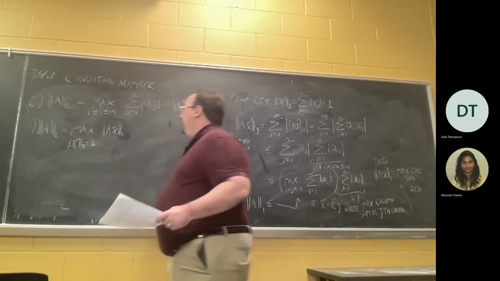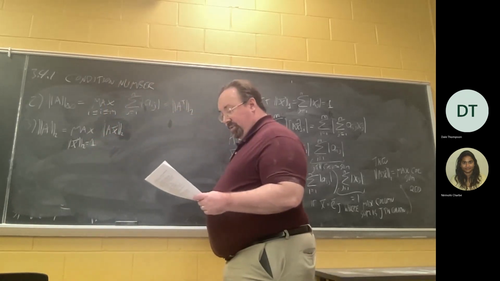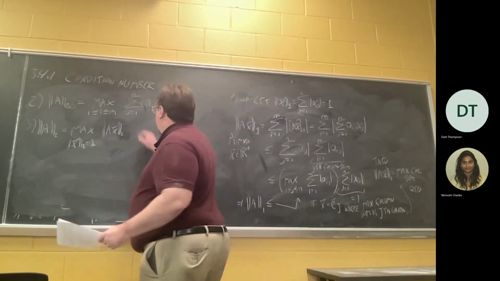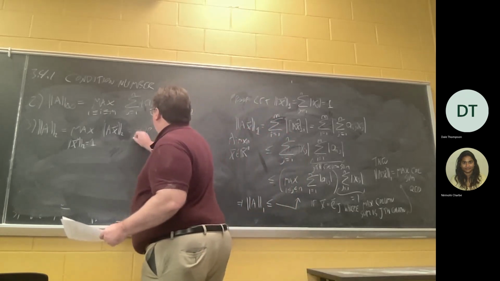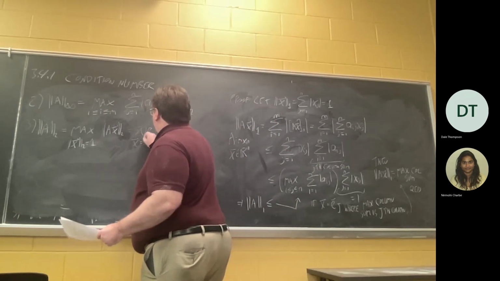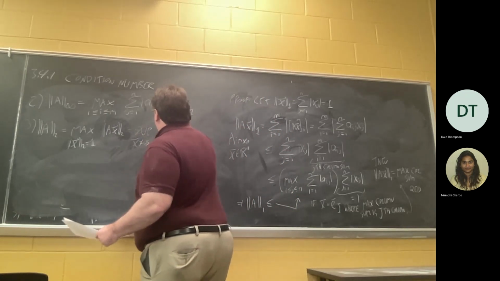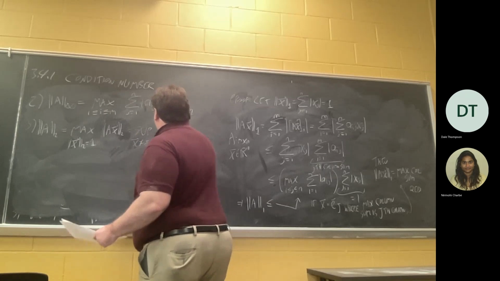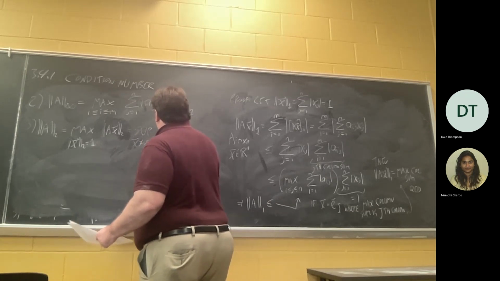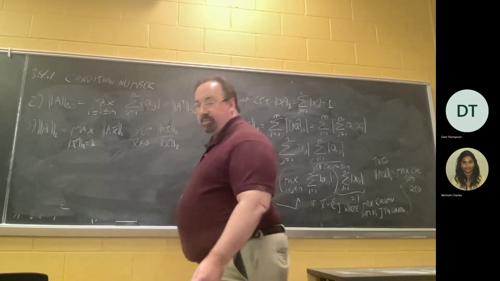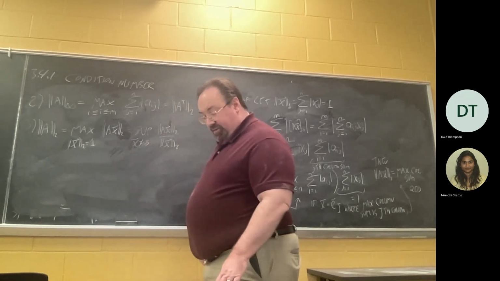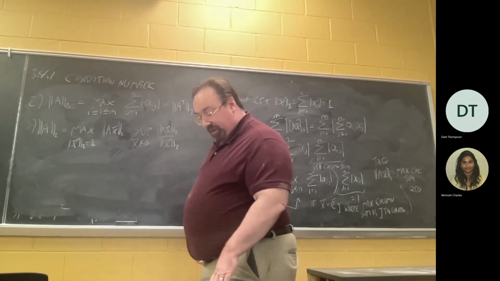What I'm going to do is to show you what it would be. It would also be the supremum over all non-zero x of the two norm of AX divided by the two norm of X. We're actually going to use a little bit of multivariable calculus to arrive at a formula.